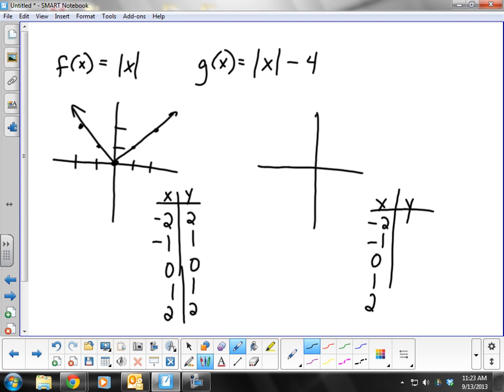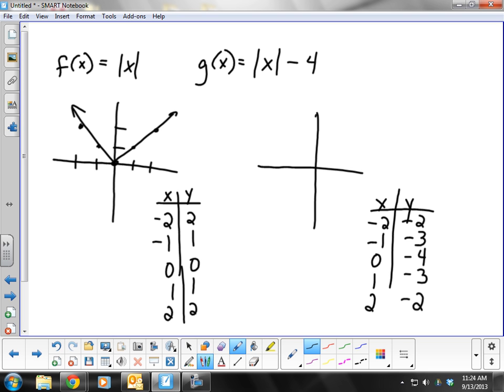If the number that you're adding or subtracting is outside the function, I'm not changing x at all. I just changed the y value. So you can take all the old y values and subtract 4 from them. And that would give you a very graphical way of figuring out what you were supposed to do.